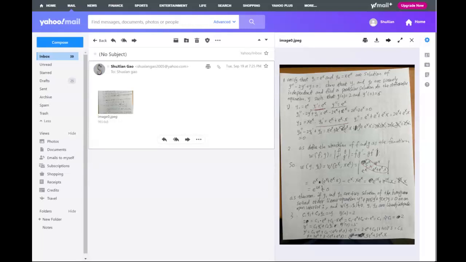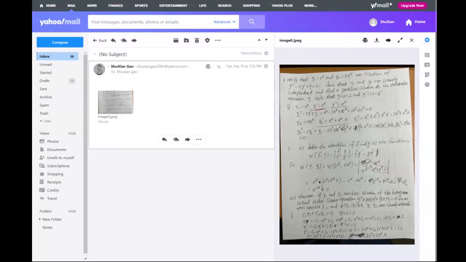And for y2, I use the same approach. y2 is equal to x times e to the x. y2 prime is e to the x plus e to the x times x. I used the product rule for this one.